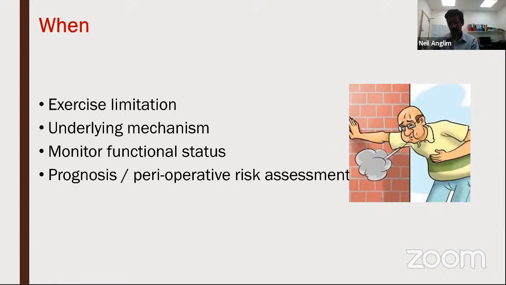This goes to the second point where you can assess the underlying mechanism of breathlessness. And this can guide you towards the underlying pathology, whether the limitation lies in the respiratory system, in the cardiovascular system, or other causes. I'll go over this later in detail.